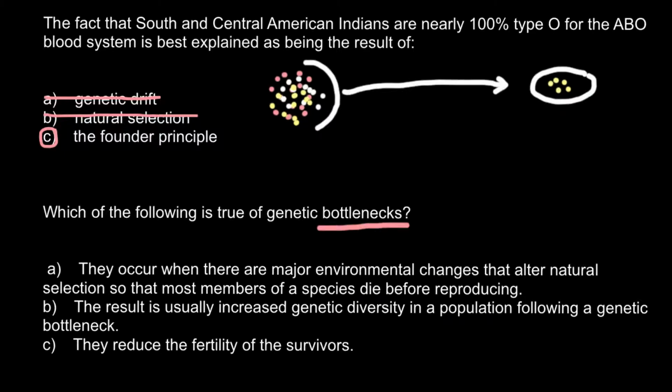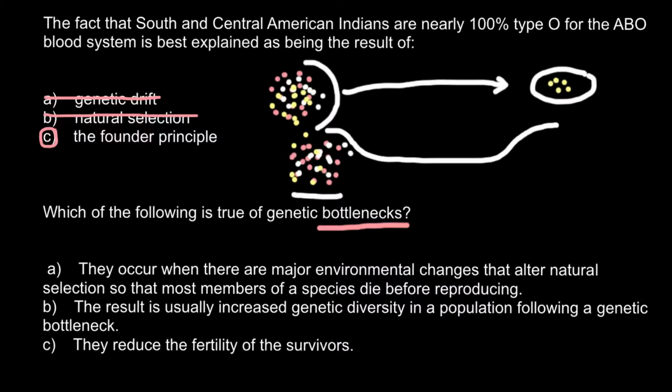A bottleneck is very similar to the picture that I showed as an explanation of the founder principle. We may find an original population that is diverse and has many alleles, just like in the picture above. But the difference is that in the first picture we have migration from one place to another, and in the second picture there is no migration.